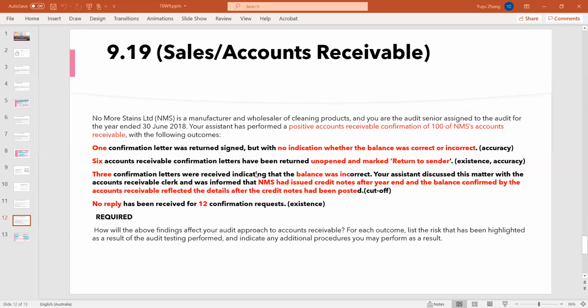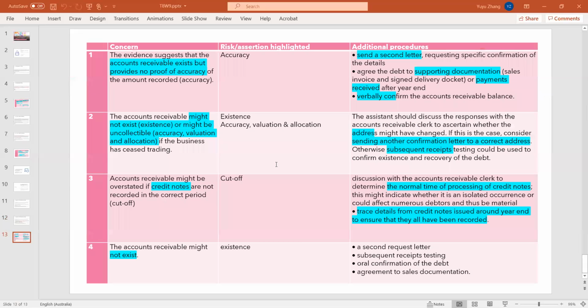Okay, so after understanding those outcomes, we can move on to the answer sheet. So first, the concern is that evidence suggests the accounts receivable exist, but probably provides no proof of accuracy. So the assertion highlighted here would be accuracy. Because of those concerns, you need to think about what you need to do in the next step.